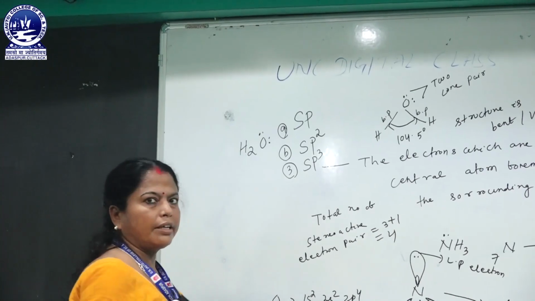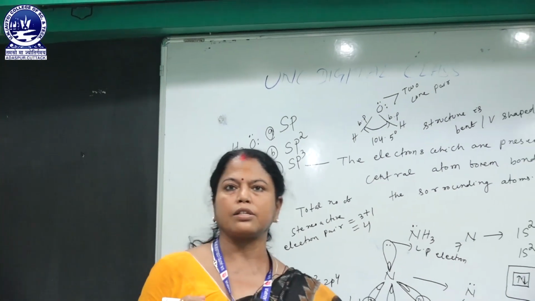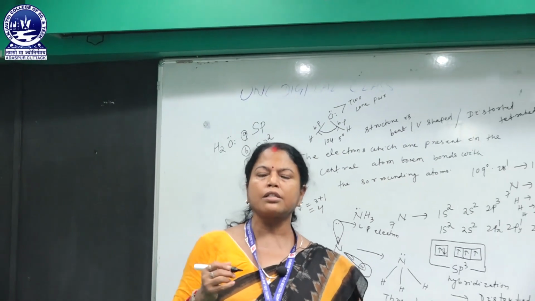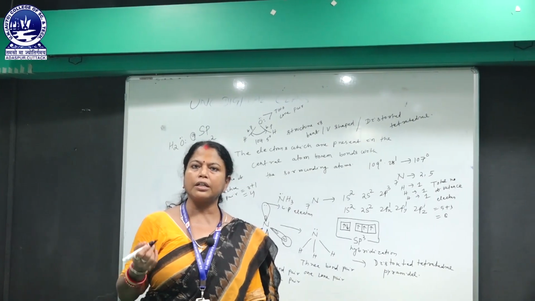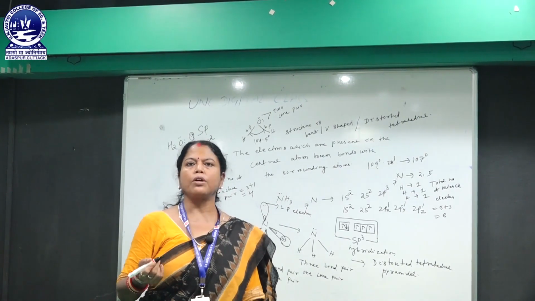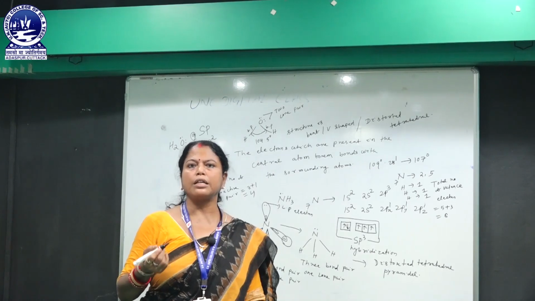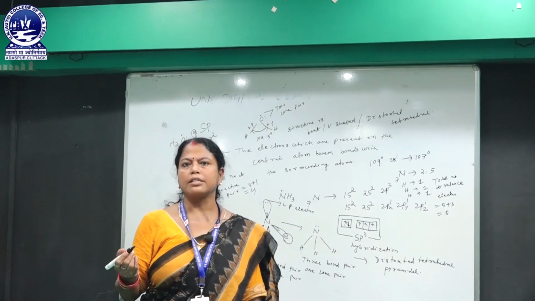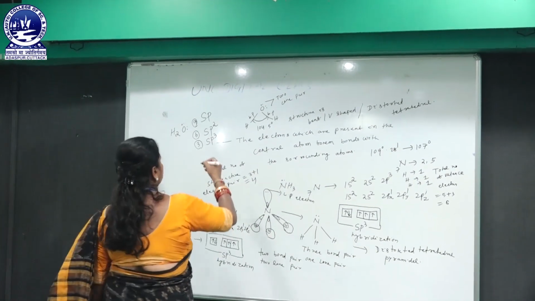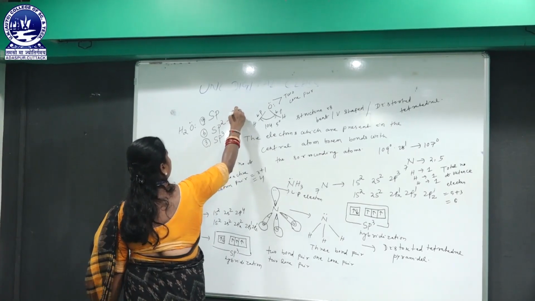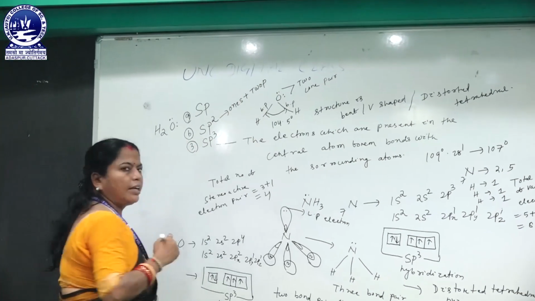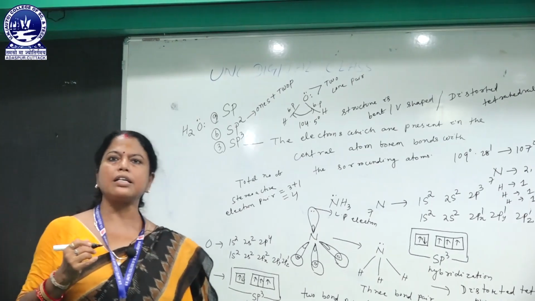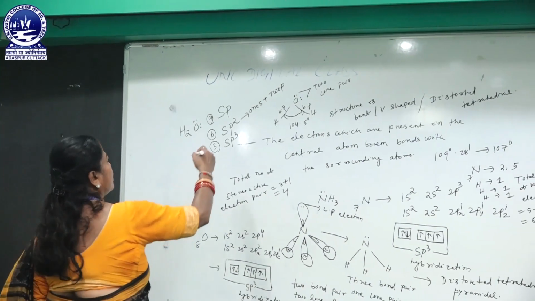The name indicates the composition. What does sp hybridization mean? One s and one p orbital intermix with each other, having nearly the same energy, to produce 2 sp hybrid orbitals. Then sp2 means 1s plus 2p. Then sp3 means 1s plus 3p.